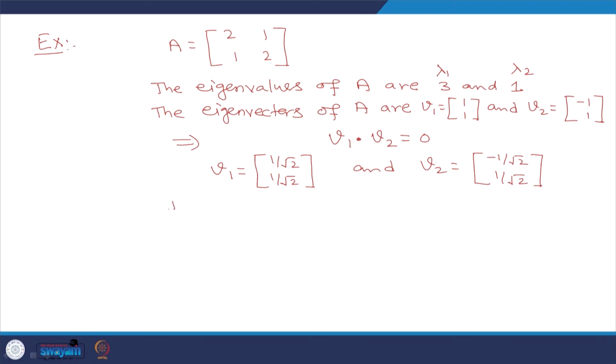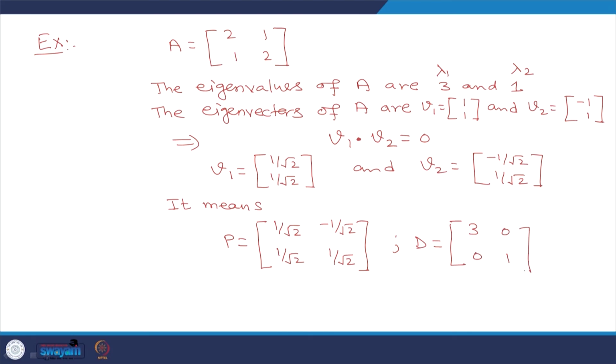It means I can write my P and D. So, P equals, you write V1 as a column: 1/root 2, 1/root 2, then -1/root 2, 1/root 2. And you can have D equals lambda 1 = 3, lambda 2 = 1, with zeros off the diagonal. Then this eigen decomposition or spectral decomposition of A is A = P D P transpose.